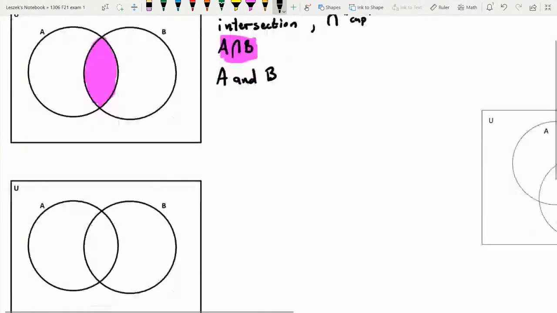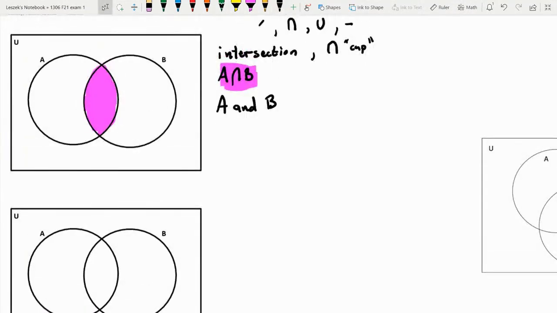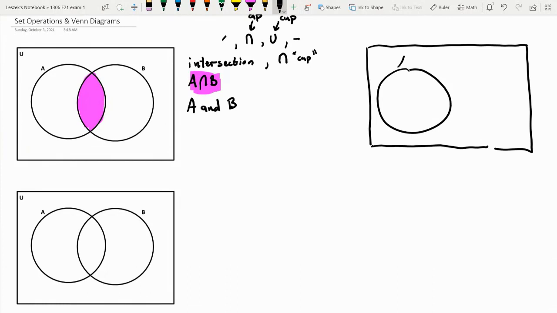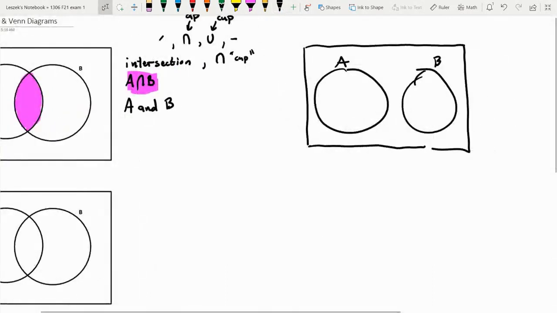And a quick aside, what do you call two sets whose intersection is empty in your class? So if there is no overlap of the two sets, we say that the intersection is empty. So we use the empty set notation.